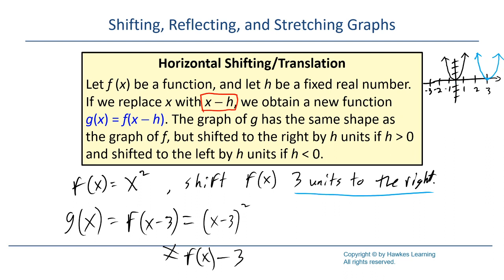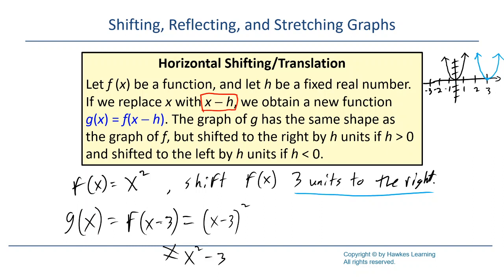That's a vertical shift. We're going to get to that in a second. But what a lot of people will do is they go, oh, this is x minus h, and this is x minus 3. So they go, okay, well, there's x squared, and then I subtracted 3. I'm done. No, you've done it completely incorrectly if you do this.